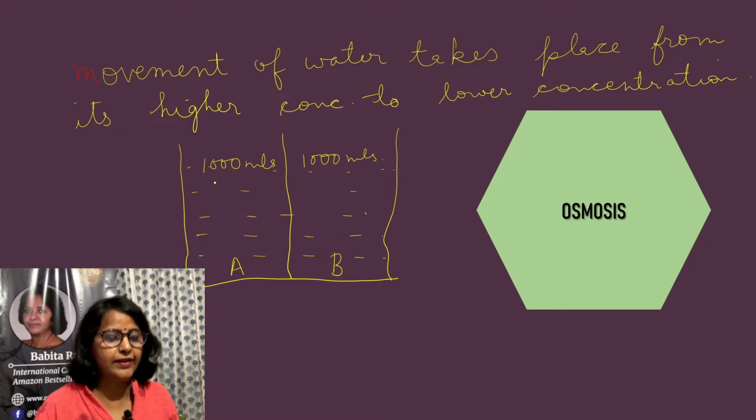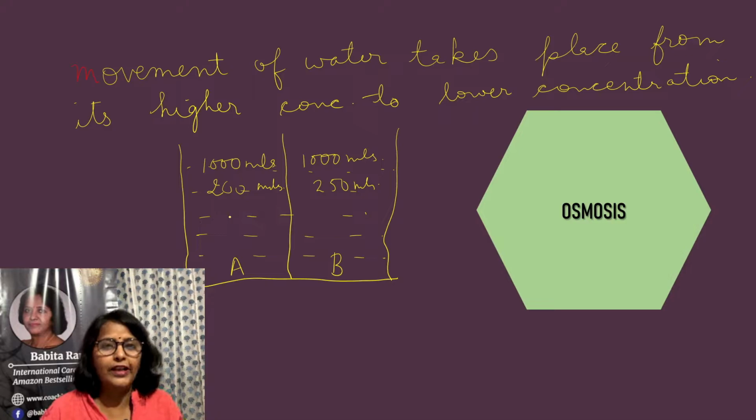Suppose I add 200 molecules of sugar in this side and 250 molecules of sugar in this side. So now what has happened? This has become a solution in which we have water as a solvent and sugar as a solute.